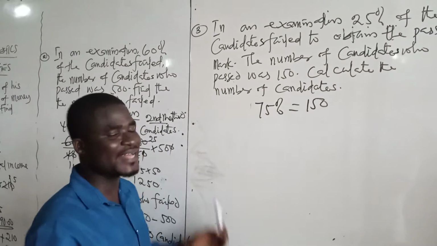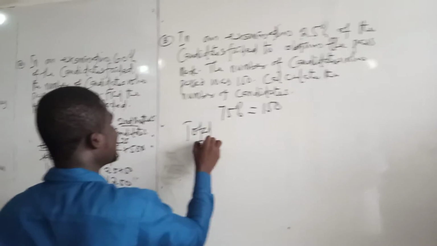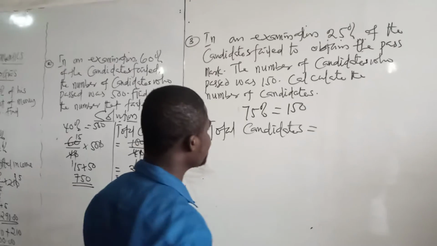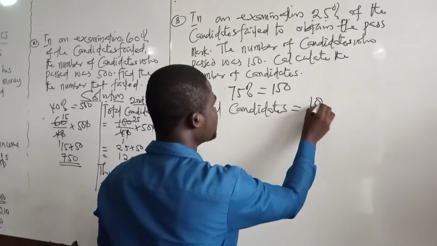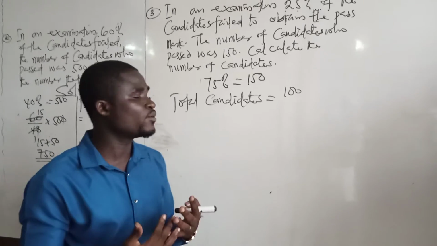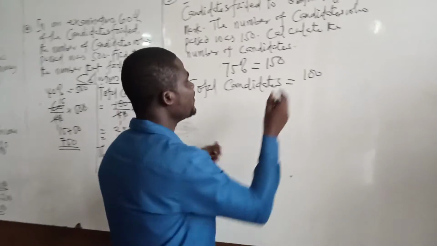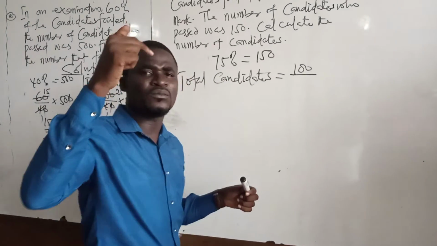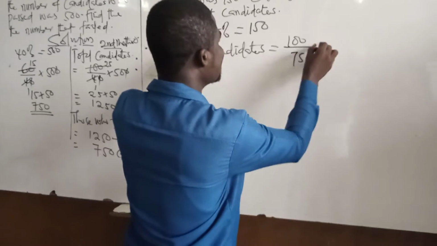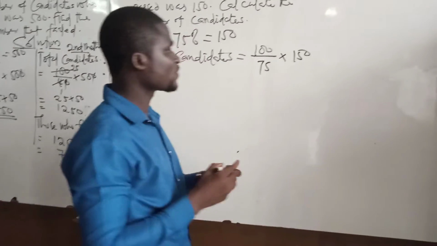So to find the total candidates, you are going to have total candidates is equal to 100%, because the total number of students who wrote the examination, if you convert it into percentage, will be 100%. So 100 divided by the percentage of students who passed, that's 75%, times candidates who passed. So 150.